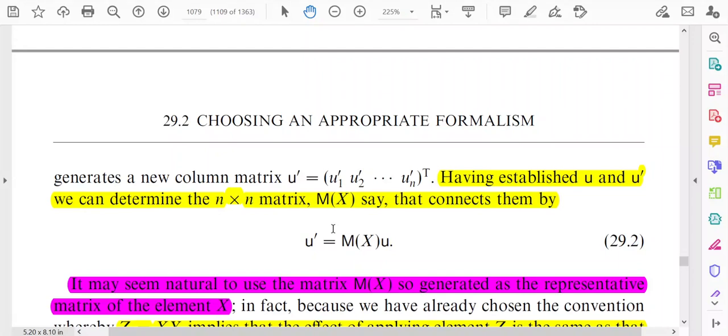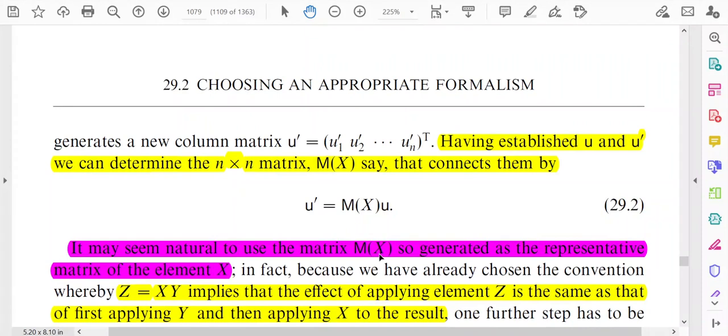And how have we obtained U prime? We obtained U prime when we observed the effect of a particular element X on the basis functions. U prime is connected with U by this relation, and this particular matrix will be used to generate a representative matrix of the element X. What the representative matrix is and how it will be obtained, I will show you step by step.